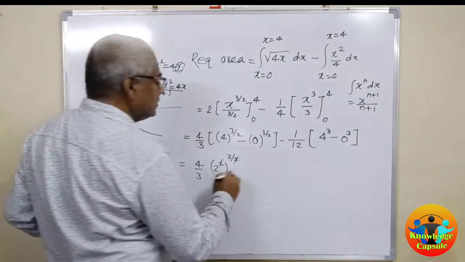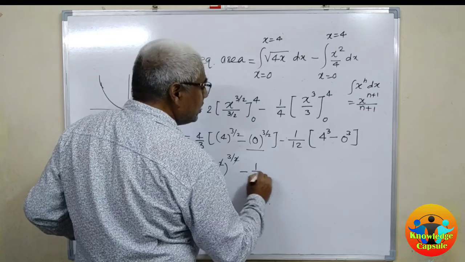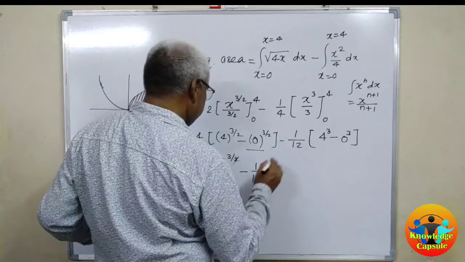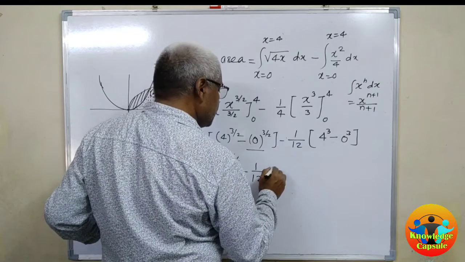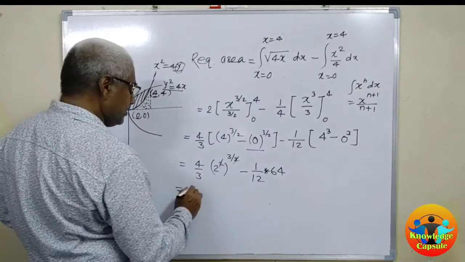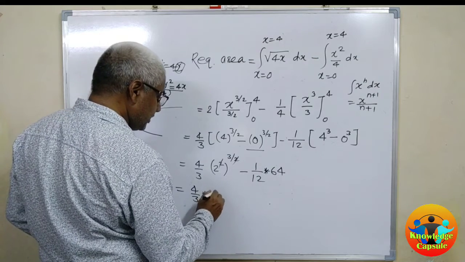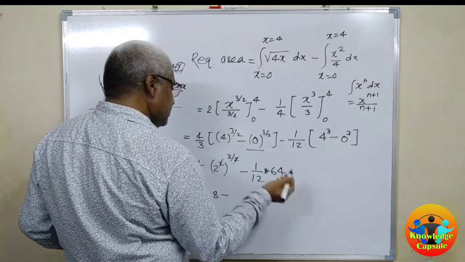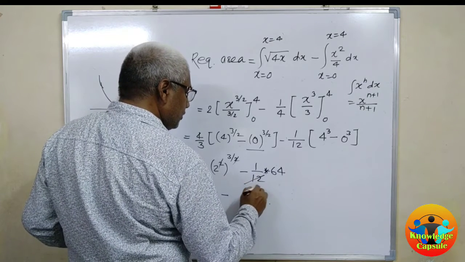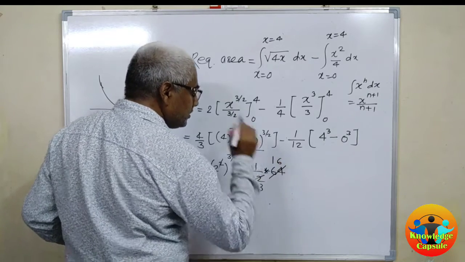See, there is no question of the 0 term, minus 1 by 12 into 4 cube. 4 cube is 64. Then 4 by 3, 2 raised to 3 is 8, minus the 4 3s are 12, 4 1s are 4, 4 6s are 24.